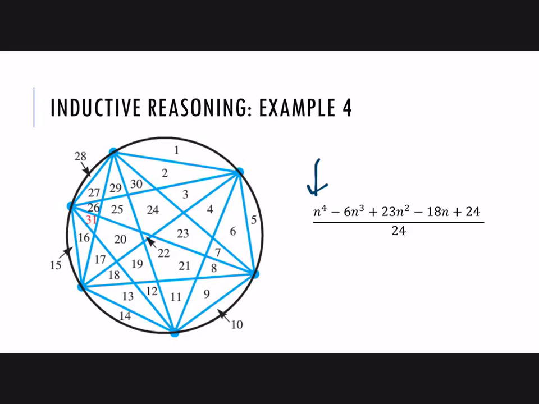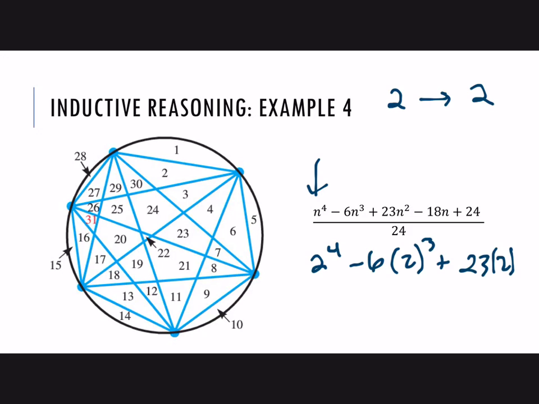And we could try this out. We know that, for example, a circle with 2 points was divided into 2 regions. So go through this formula, plug in 2 for n, and work that all out and see if you come up with 2.